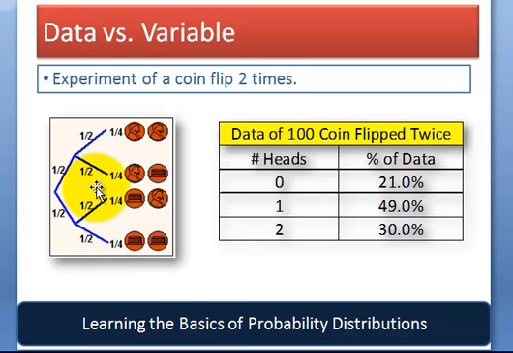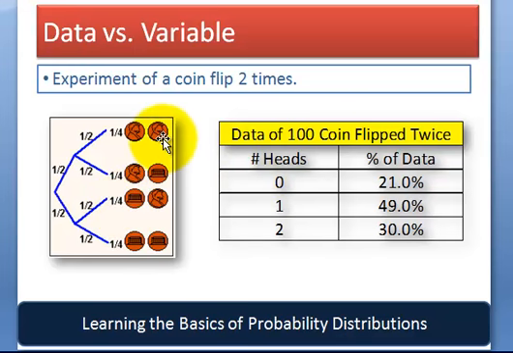So the probability of getting 1 head is 50%, because there's 2 ways we can do it. So the probability of getting 0 heads, i.e. 2 tails, is 25%, 1/4. Probability of getting 1 head would be 50%, and the probability of getting 2 heads would be 25%.